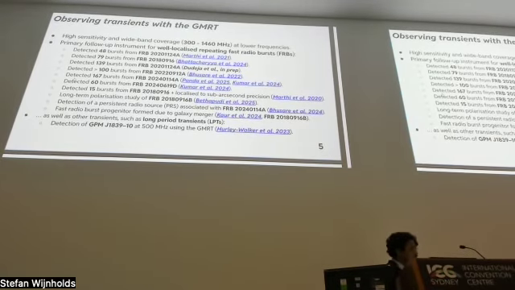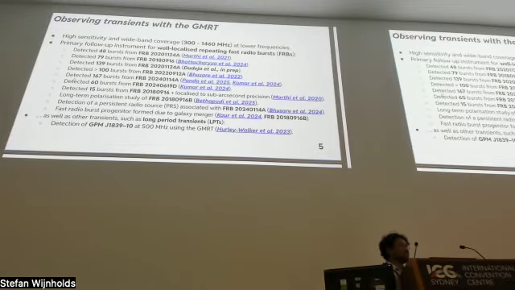There was a recent study where a fast radio burst progenitor was associated with a galaxy merger, also using the GMRT. And apart from fast radio bursts, there have also been detections of long period transients, as mentioned here, and a couple of others. So the point is that the GMRT is a very good follow-up instrument.